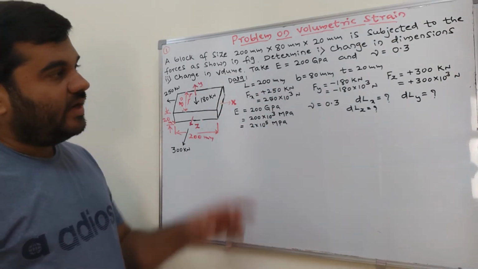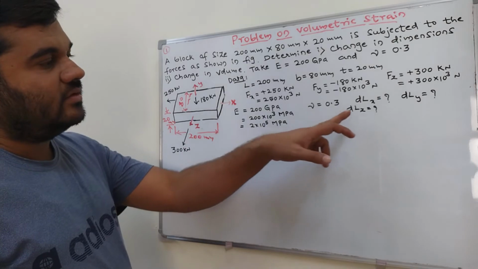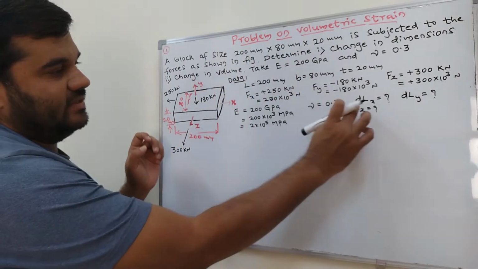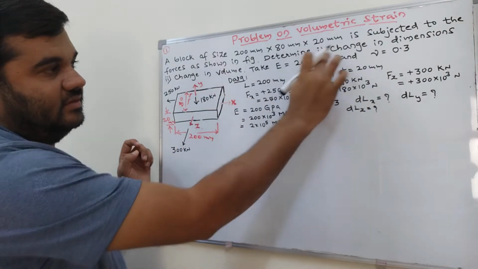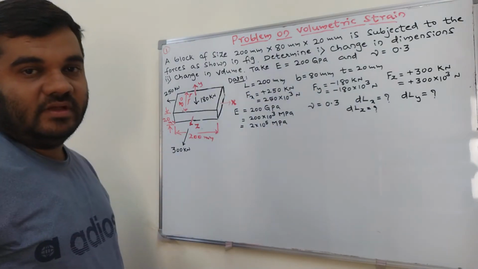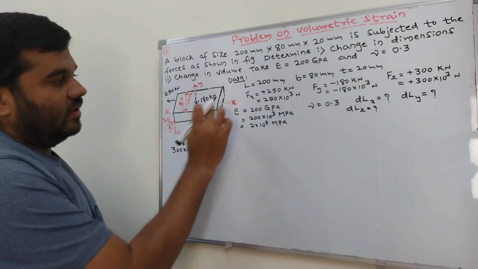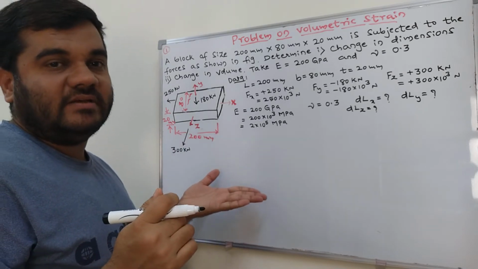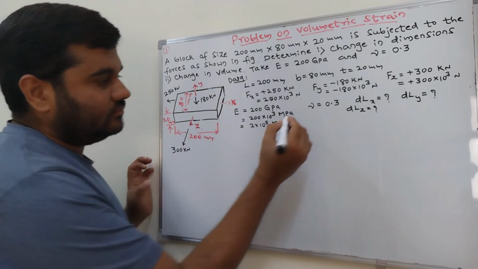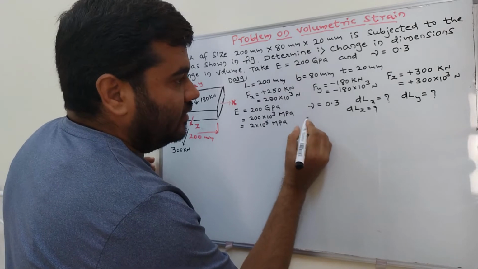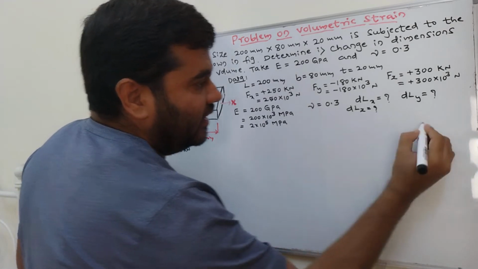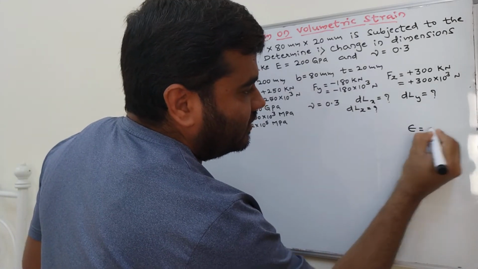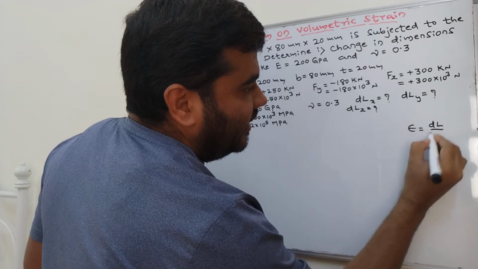Now, how do we need to start? How do we find out the change in length? First, I'll take change in deformation, change in length. We have the formula for change in length. We know the normal formula: strain equal to change in length divided by original length.